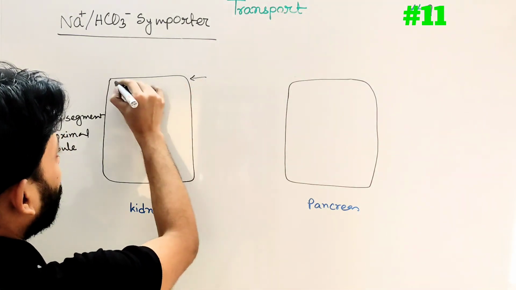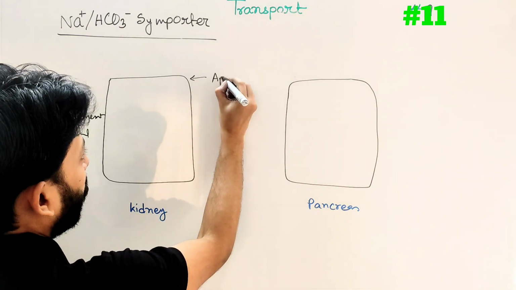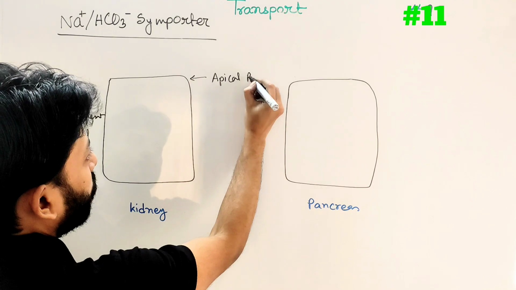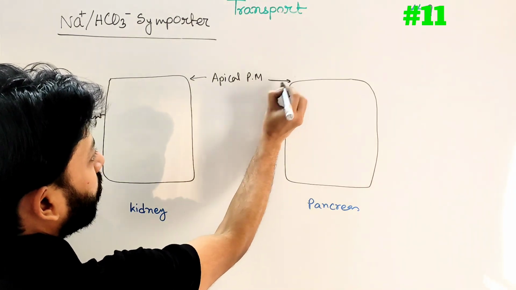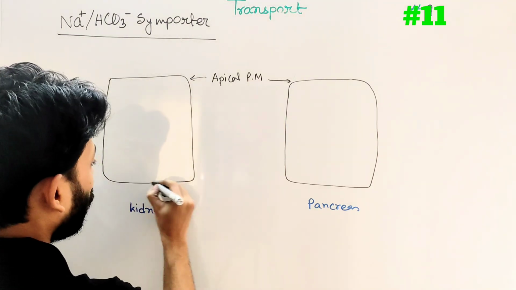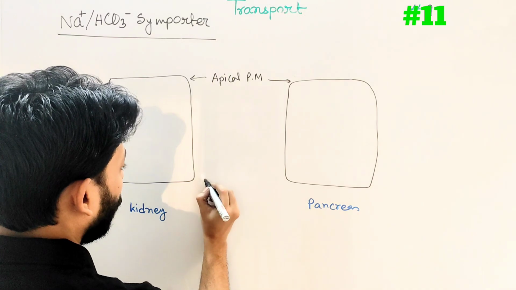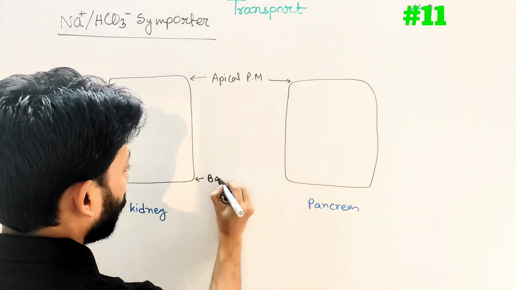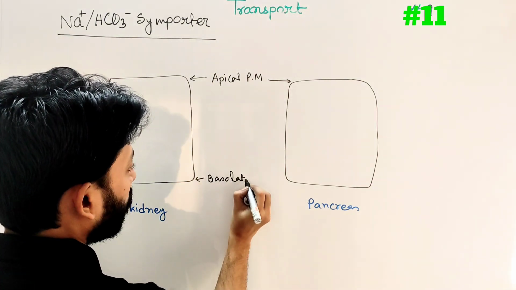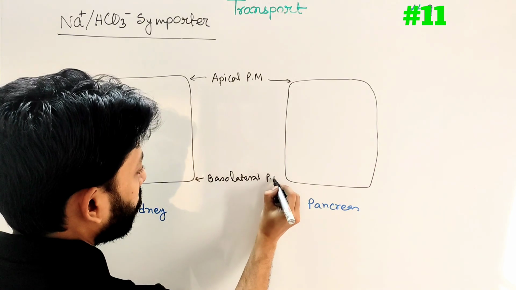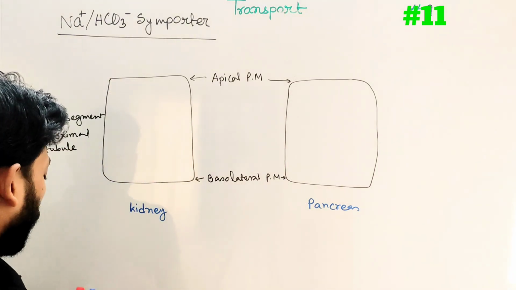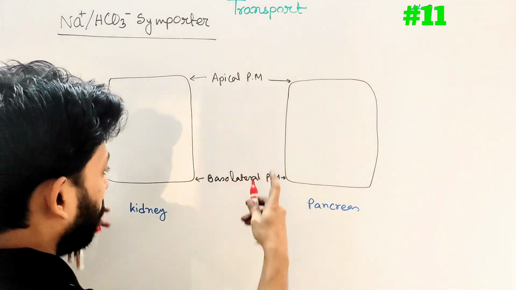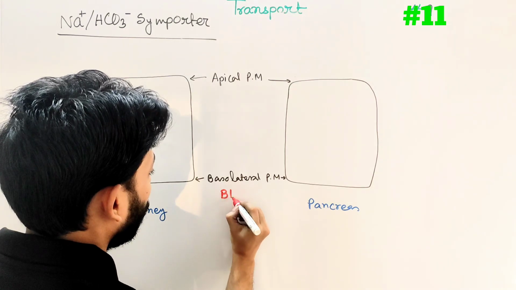This portion of the plasma membrane is called apical plasma membrane in both these cells, and this portion of the plasma membrane is called basolateral plasma membrane. Now this basolateral plasma membrane faces blood, so here blood is present.